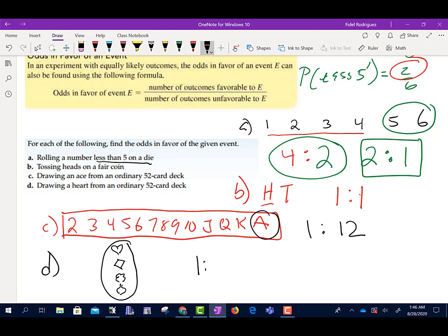How many are not hearts? 3 of them. I like thinking about it this way because I'm already looking at it in a reduced fashion. If I was looking at the entire deck of cards, I would say 13 are hearts. How many aren't? Whatever 52 minus 13 is, and then I would have to start reducing, but I can already reduce it this way.